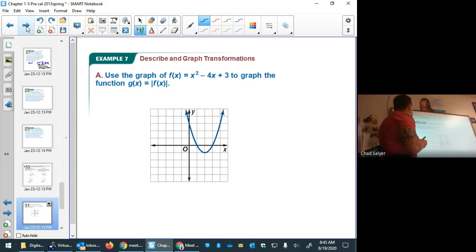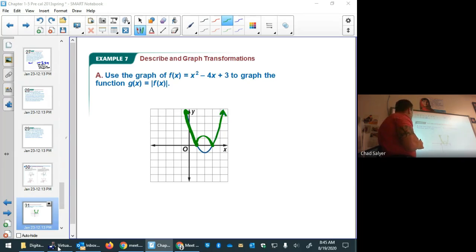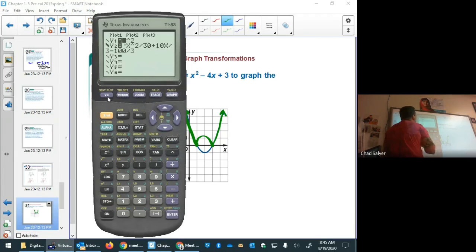So what would the graph of g of x equals absolute value of f of x look like? Well, remember that all the zeros and the positive values will be the same, but all these negative values will become positive. So it'll look like that. And once again, we use our calculator to check ourselves. So I've got x squared minus 4x plus 3.